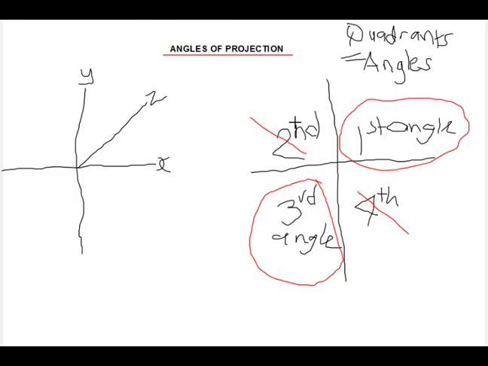First angle projection is used in European countries. Third angle projection is used in the United States and Canada. How do we place the views in first angle projection? This is where I teach you the techniques of drawing the views correctly in the XY plane.